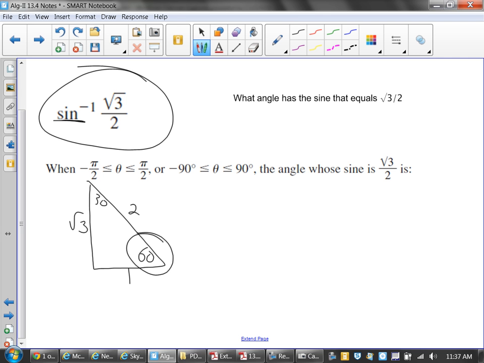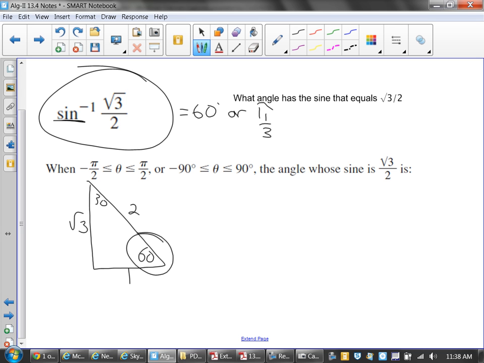So this is a positive value, so this needs to be a positive 60. So the answer is 60 degrees, or what's 60 degrees in radians? Pi over 3. That's how easy this is.